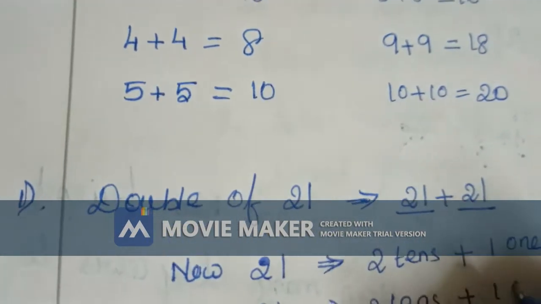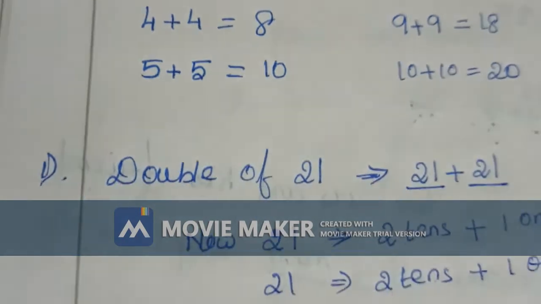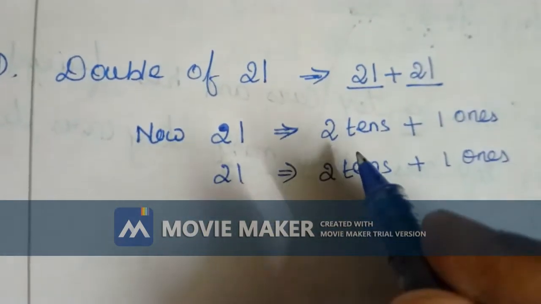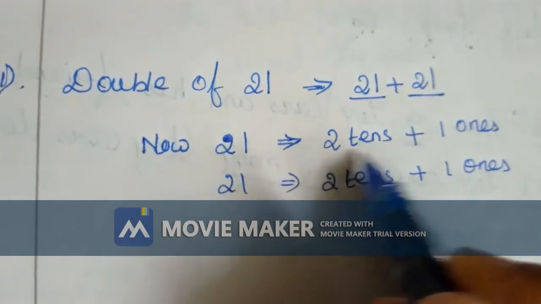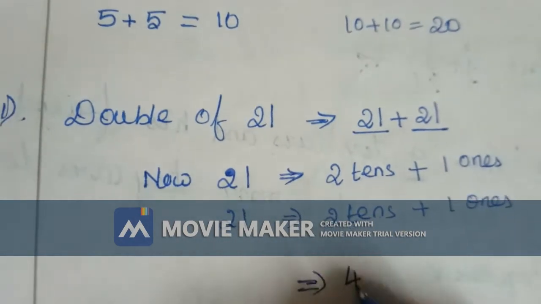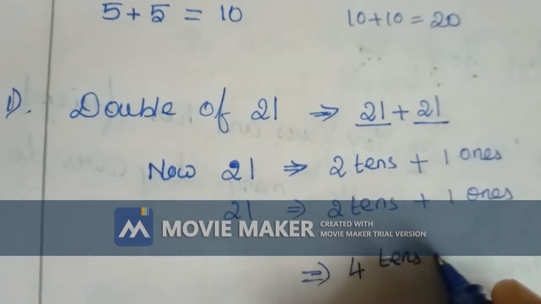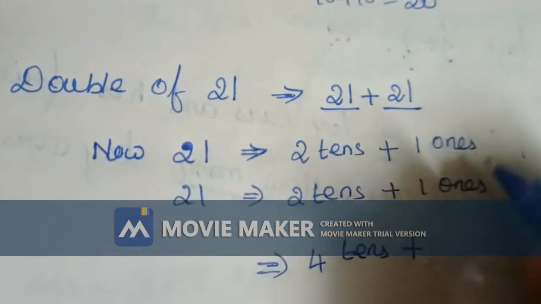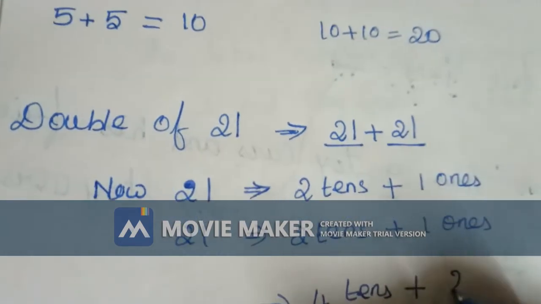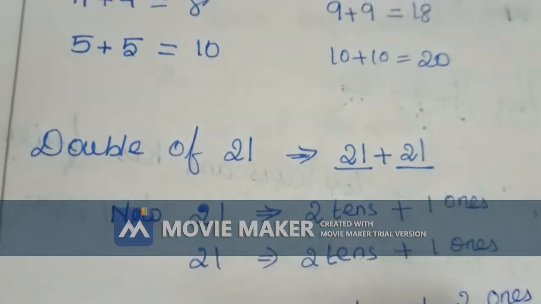So this number 21 is 2 tens plus 1 ones. Now, how many tens are there? Yes, add these 2 tens and 2 tens, which gives us 4 tens, plus then add this 1 plus 1, 2 ones.